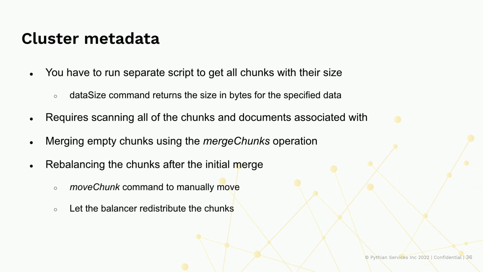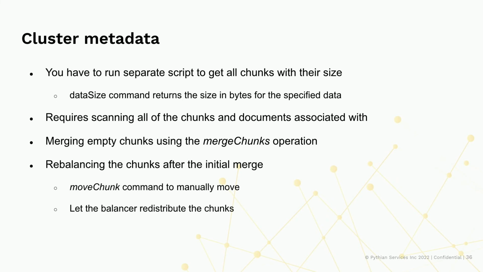The problem in MongoDB in the sharded cluster is that you can only merge chunks that are neighbors and exist in the same shard. If the neighbor chunk is on another shard, you can still merge, but you will need to bring both chunks to the same shard, and that's where you can merge.